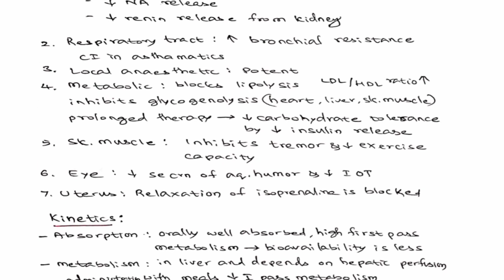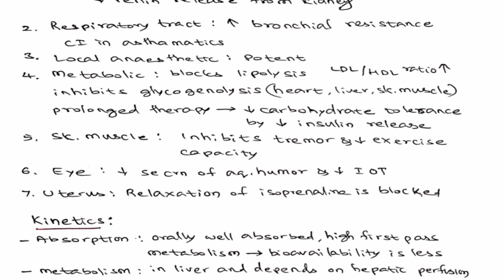So it is not advisable in asthmatics, as beta blockers cause an increase in bronchial resistance by contracting the smooth muscles in the bronchioles. It is a potent local anesthetic, but due to irritation, it is not used as a local anesthetic.